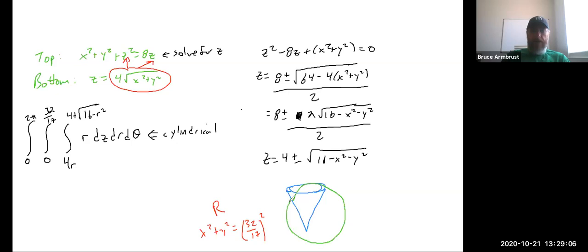So it doesn't match all the way over. The volume that we're actually looking at is that volume.